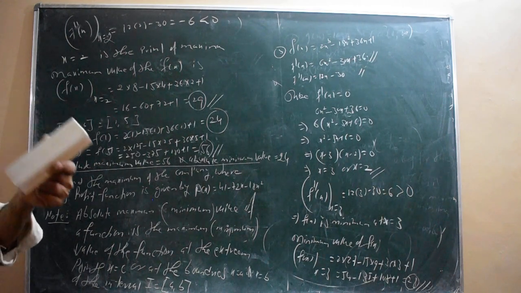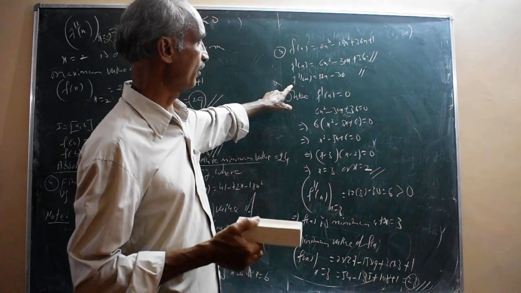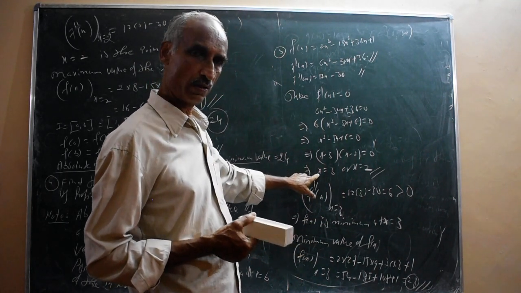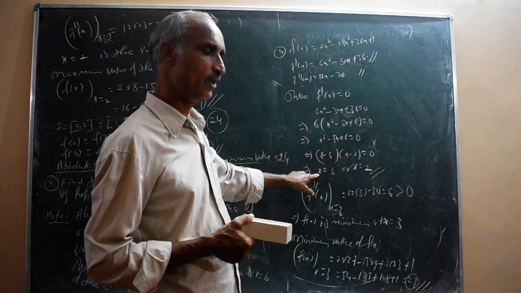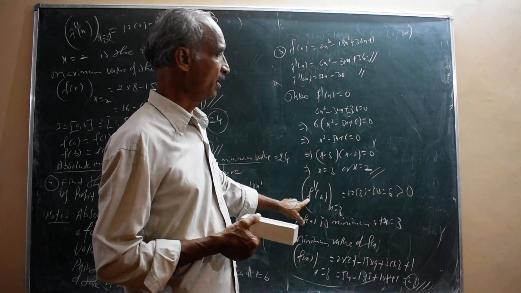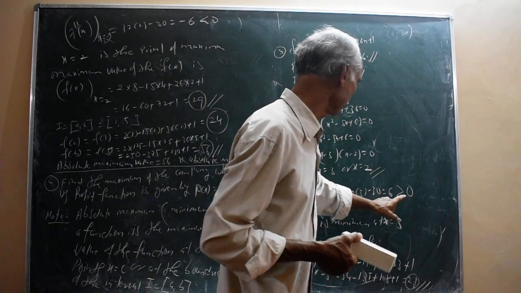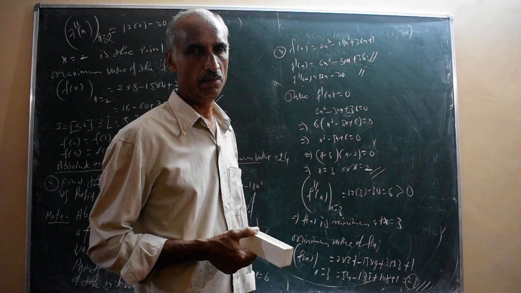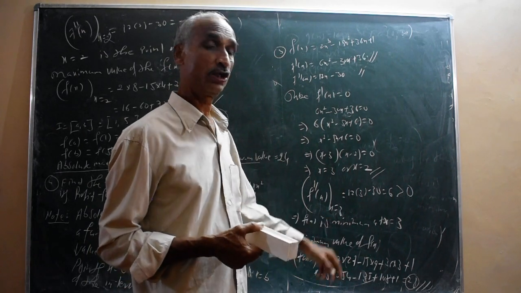Just find the first order derivative and second order derivative. Take f dash of x is 0, and you get the extreme points, the x values. Those x values are substituted in f double dash of x. If f double dash of x is positive at that point x is equal to 3, the function is minimum, and that minimum value is a local minimum.